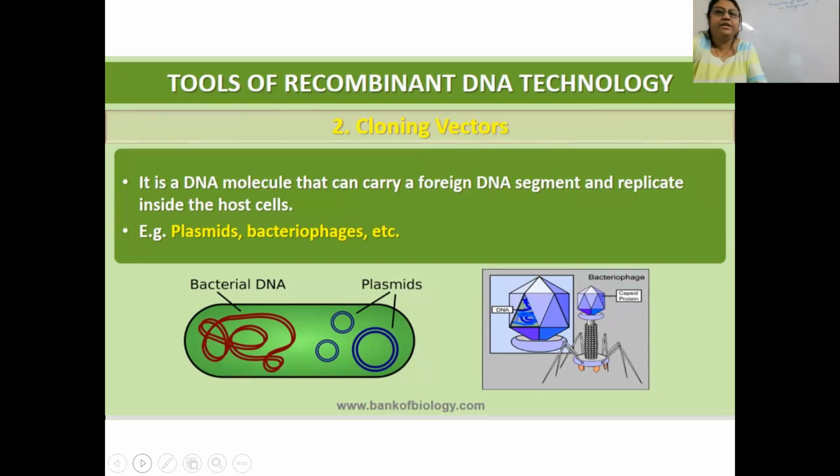So the next very important aim is insertion of the gene. For that we are using cloning vectors. So why am I using the word cloning here, and what is the meaning of vectors?